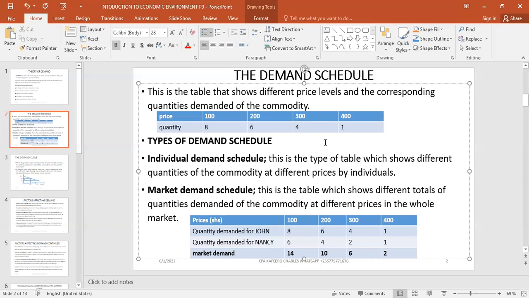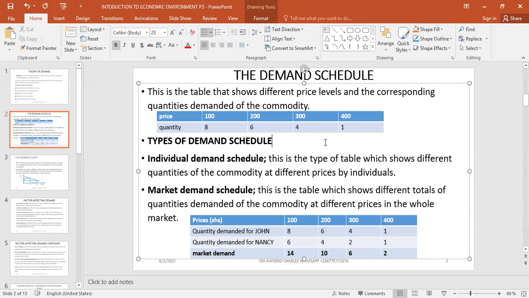So we expect that those different quantities that are demanded at different prices by individuals or the individual households, what they demand, let's say for a single person, or the demand for one person, is what we call the individual demand schedule.